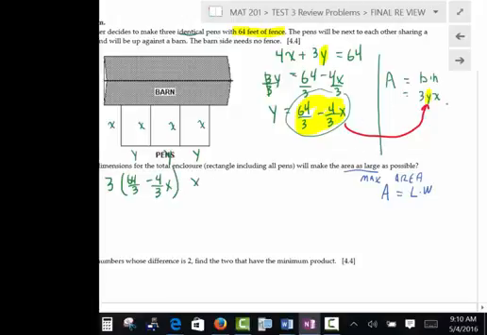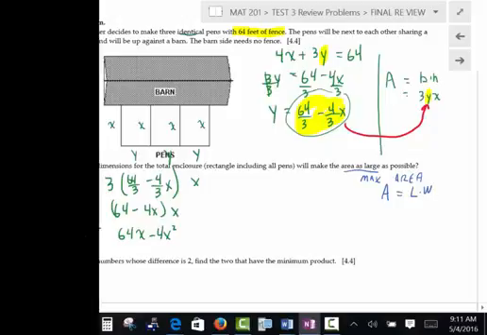So 3yx. That's going to cross out all these 3's. If you do a distributive property and cross those out, you're going to get 64 minus 4x times x, because you can cancel out those 3's. Then when you do a distributive property, that's going to be 64x minus 4x squared.